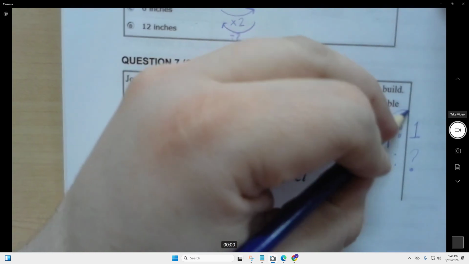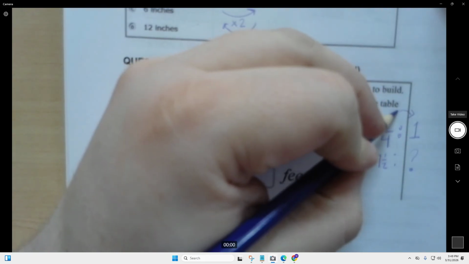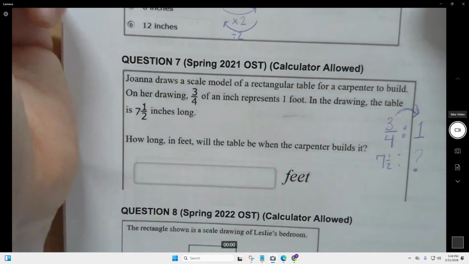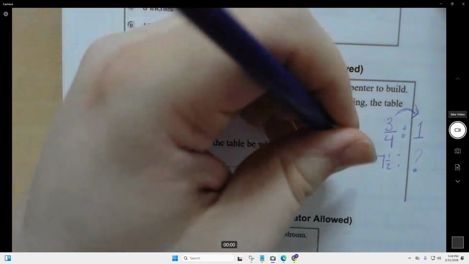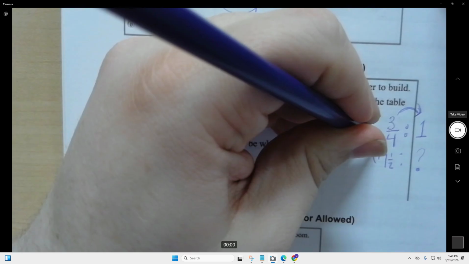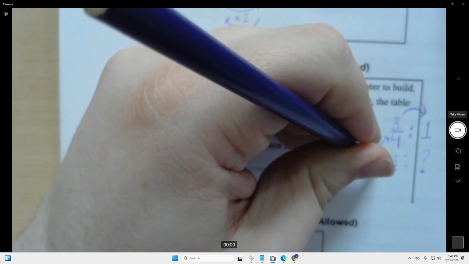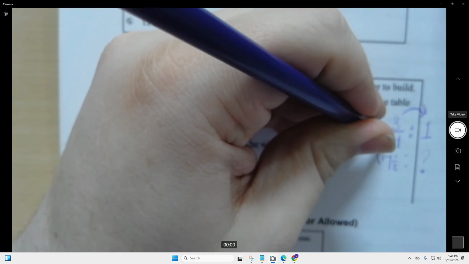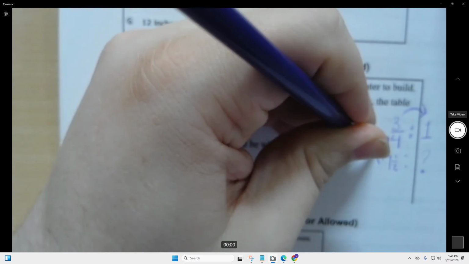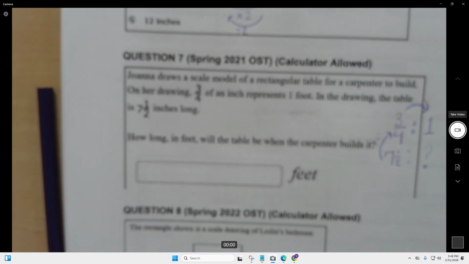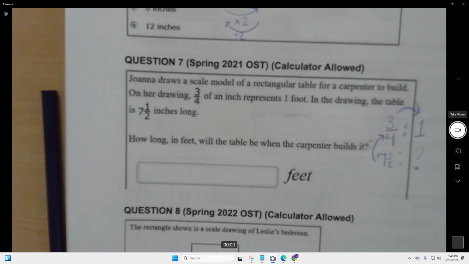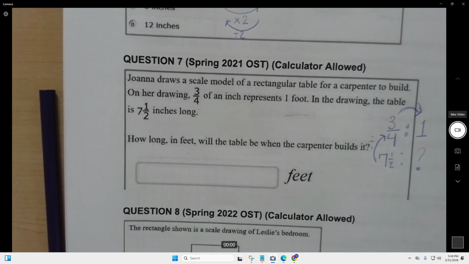So we've been working with the whole way of going from one side to the other. But another way that you can do this is you can figure out the ratio between these two. You can divide 7.5 by 3/4. And that will give you your missing number here.